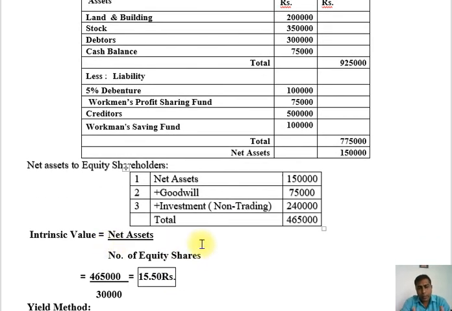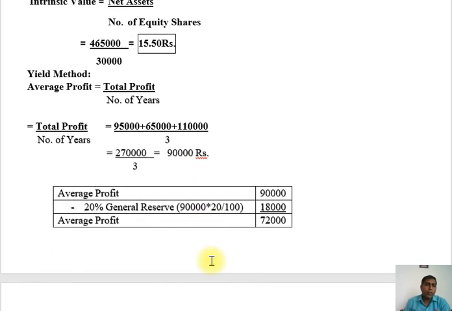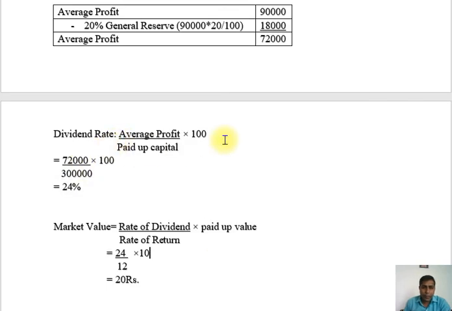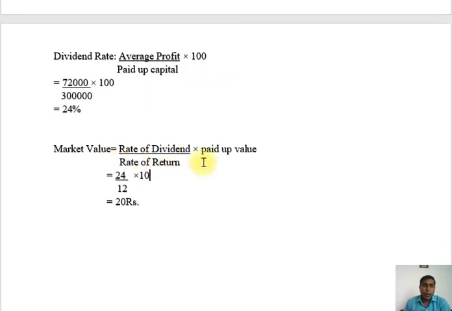If it is given, there is no issue, but if it is not given, then you must find out number of equity shares, friends. And in yield method, first step you must find out average profit, then adjusted average profit, and then second step dividend rate, and third step market value.